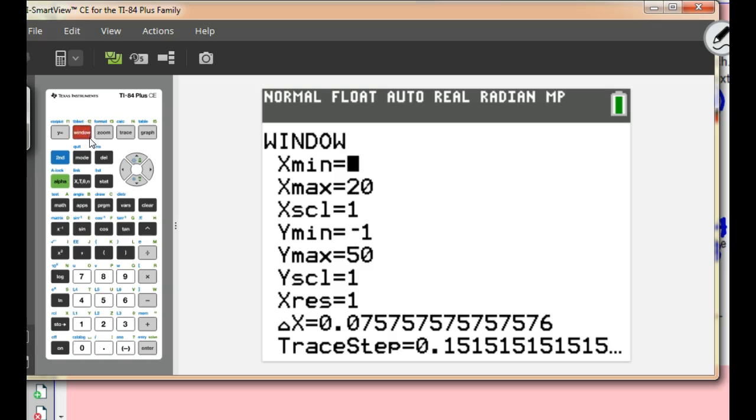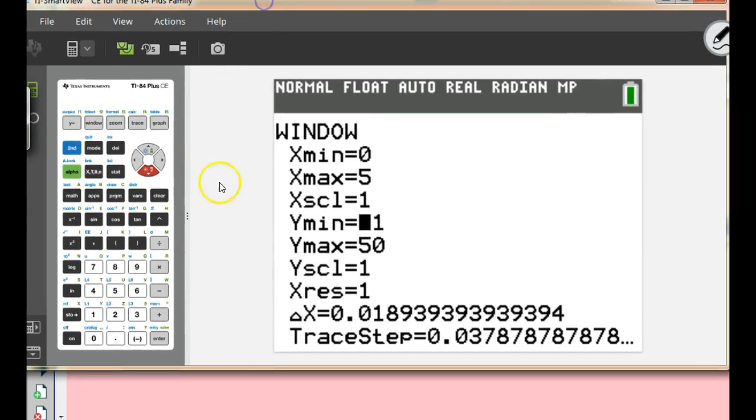All right, so my window needs to change. Definitely don't need to go out 20 because our story only got to like 1.5 seconds, right? So maybe I'll go out to 5. And what was it maxing at? So we need to go a little bit higher here.